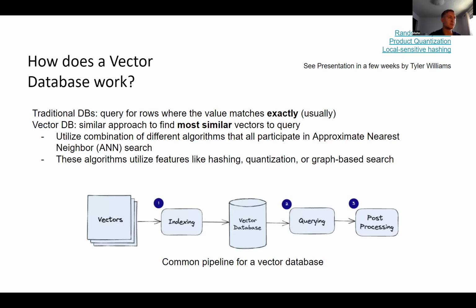Some of these algorithms, I'll talk about them in a second, but the most famous ones are random projection, product quantization, and locality sensitive hashing. And they help you to find the most relevant pieces of information to your query. And they also use hashing, quantization, and graph-based search. But yeah, again, more about that in a second. And then again, here's sort of the workflow. You have the vectors, you index them via these techniques, put them in the database, and then once you have a query, you can use these features here to post-process them in your application afterwards.